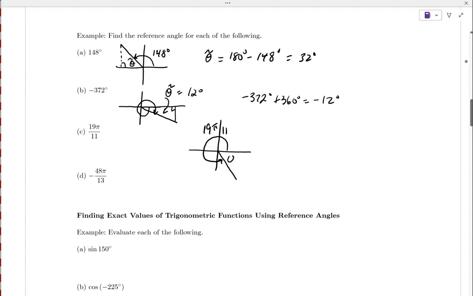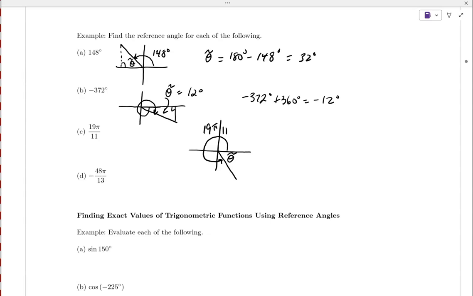Again, this is what I want, my reference angle, and I want it to be positive, correct? So what can we do to figure out what theta needs to be in this case? Subtract it from 2 pi. That's exactly right.